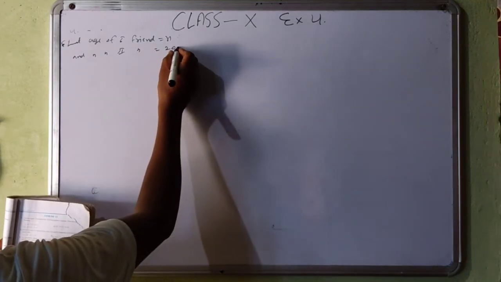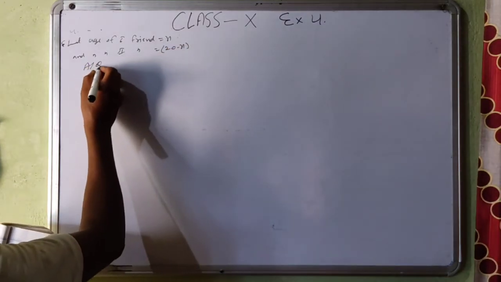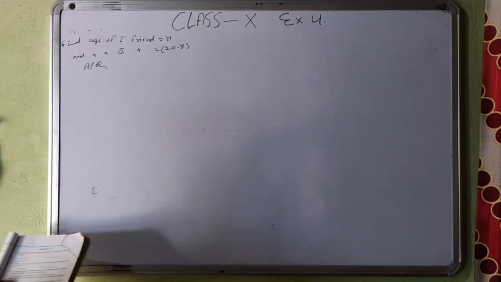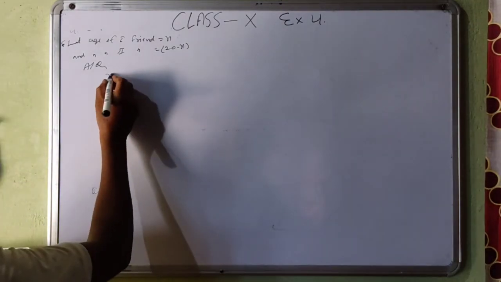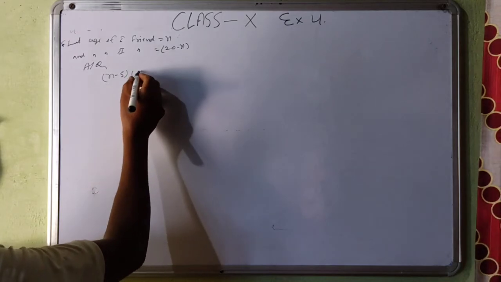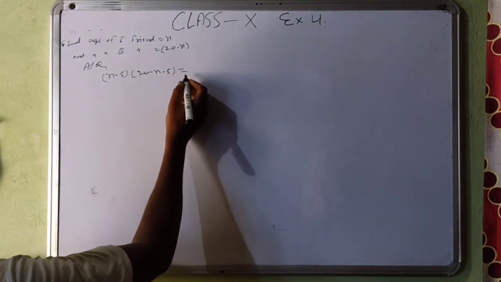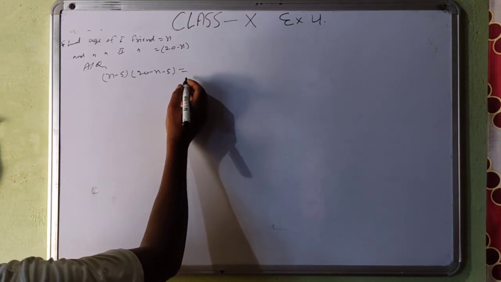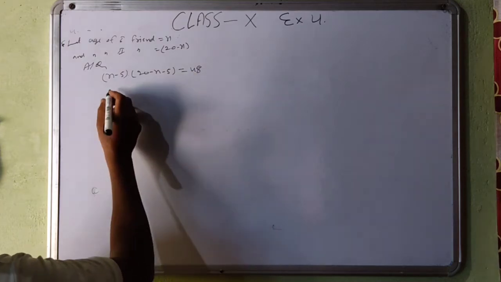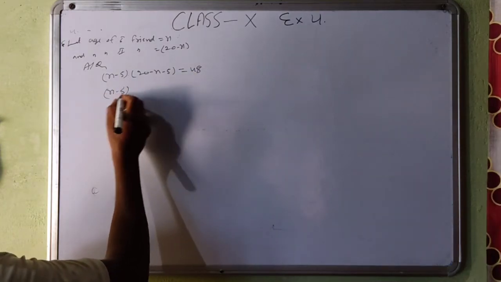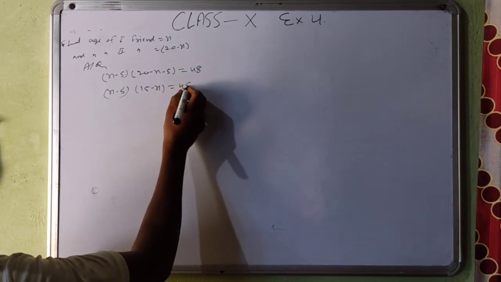Then according to the question, 4 years ago the product of their ages is 48. 4 years ago means minus 5 from each, and product means multiply, so x minus 5 times 15 minus x is equal to 48.